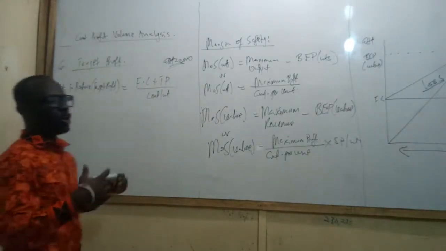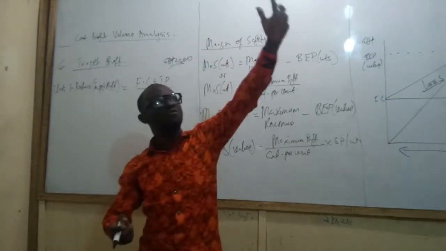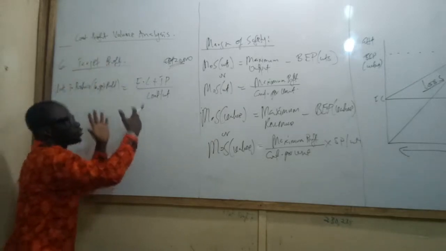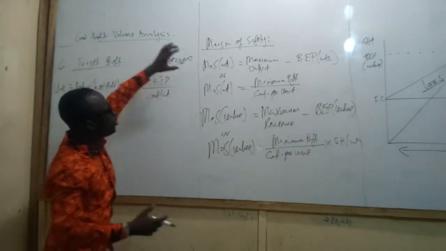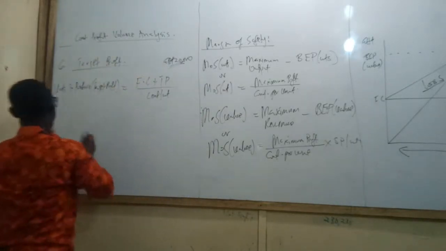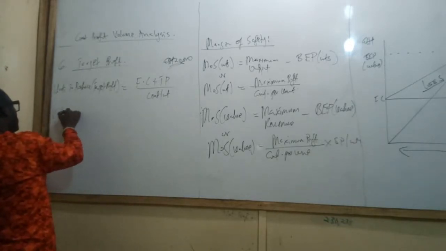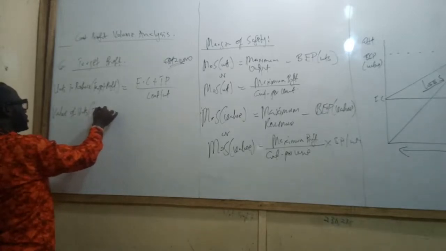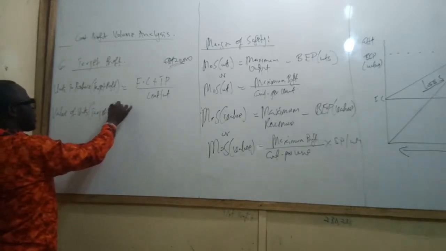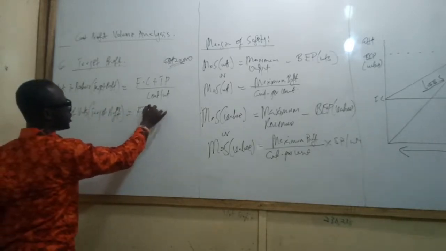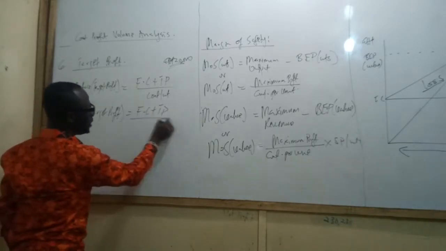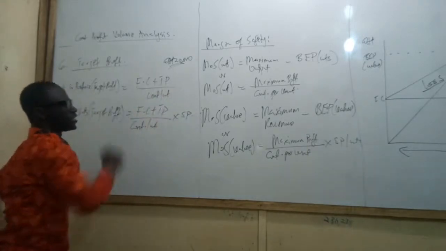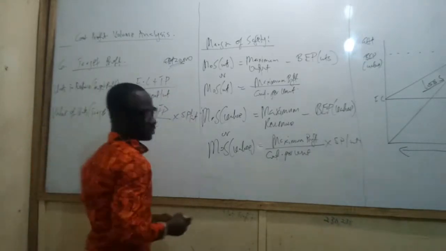Then we need to get the total revenue at the target profit. In other words, how much revenue must we make in order to get this target profit? So the value of units at the target profit is fixed cost plus target profit over contribution per unit, times the selling price per unit.